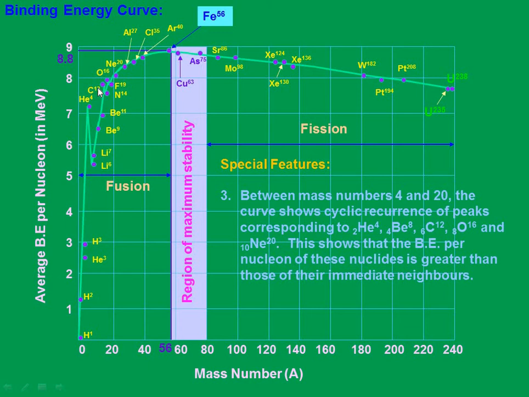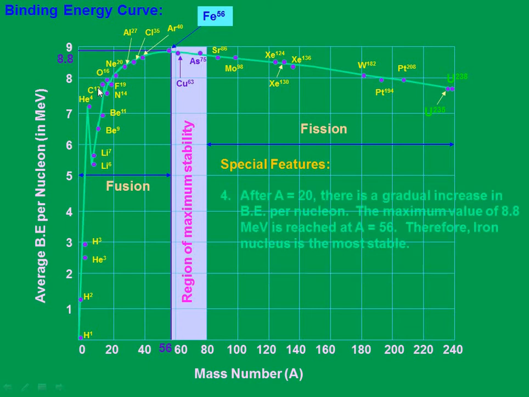After A equal to 20, where A is along the x-axis, you can see there is a gradual increase in binding energy per nucleon. The maximum value of 8.8 MeV is reached at A equal to 56.